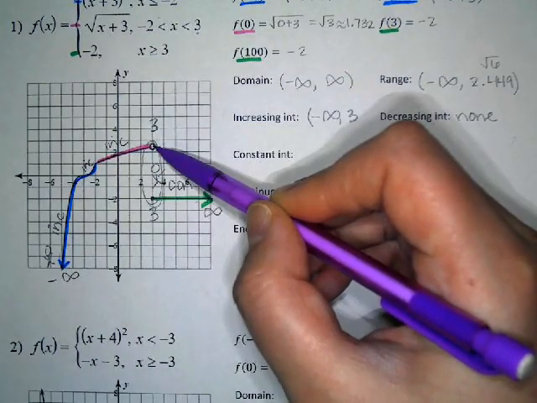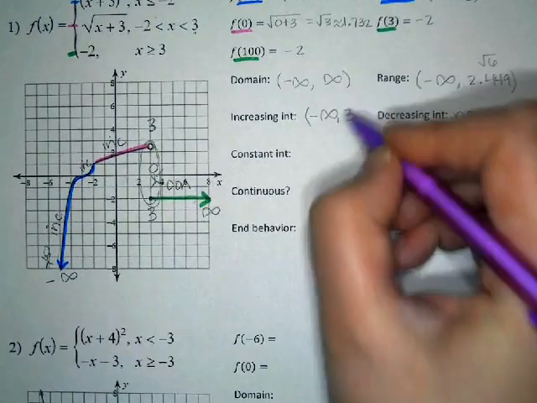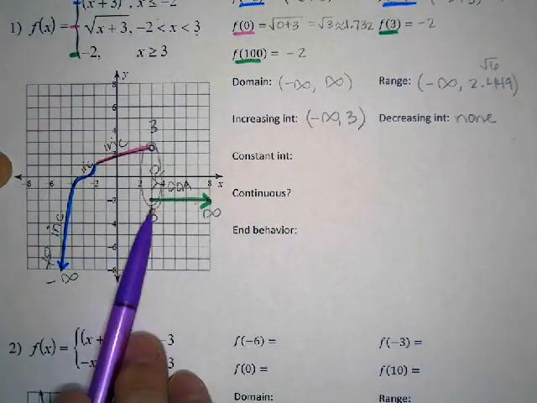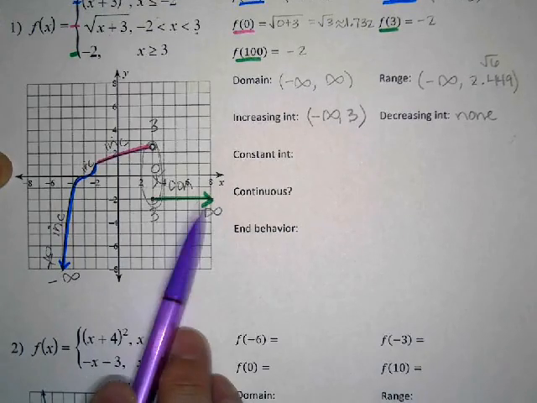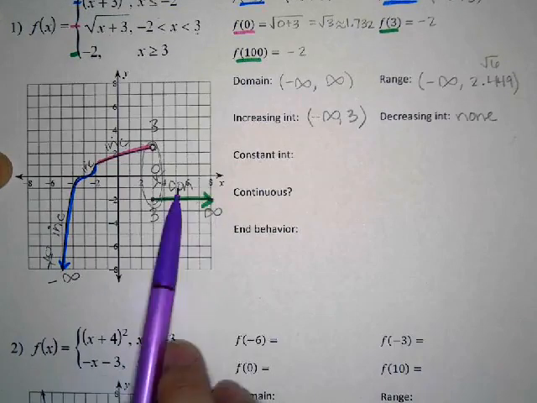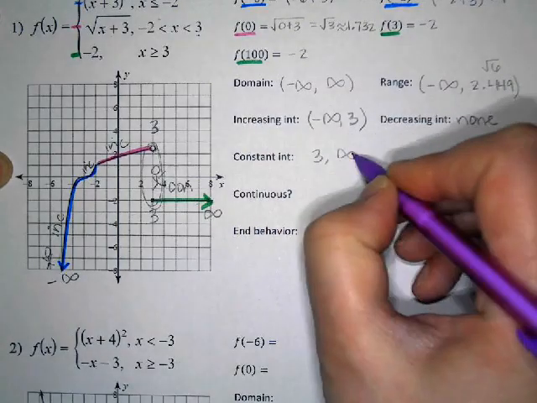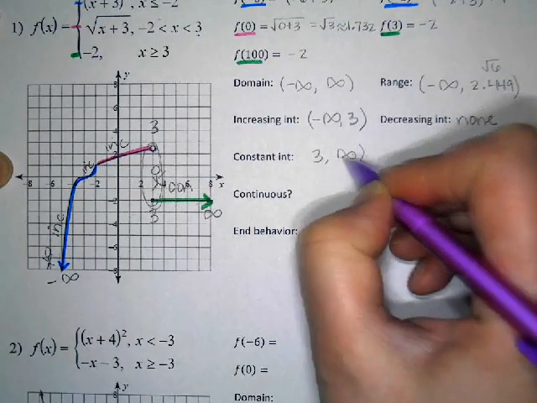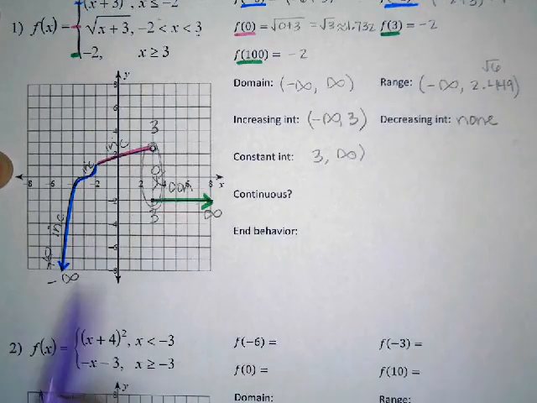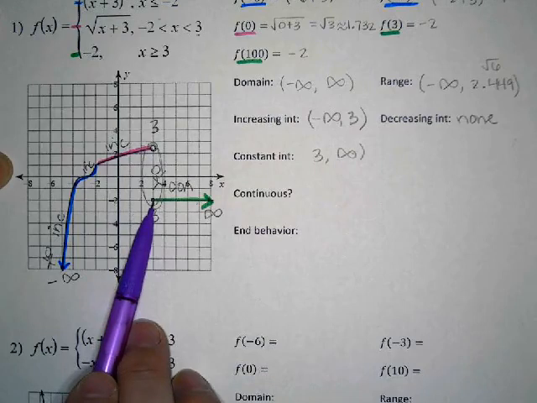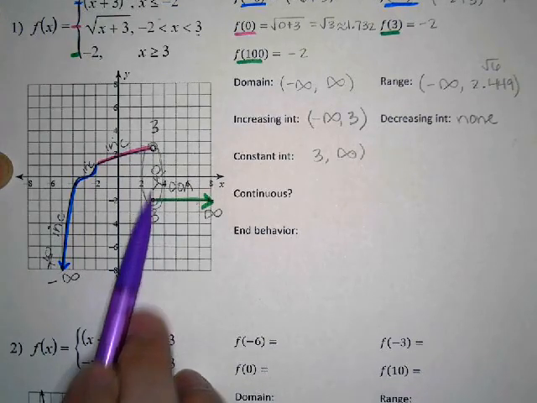No, because he was falling through the hole and dying. Okay. For the constant interval, from 3 to infinity over here, that's the answer for constant interval, so I'll go ahead and write that. For the parenthesis, for the infinity, we're always going to get a parenthesis. Right here, we're going to drop him down, and this circle right here is filled in, which means you can include it as part of the answer.